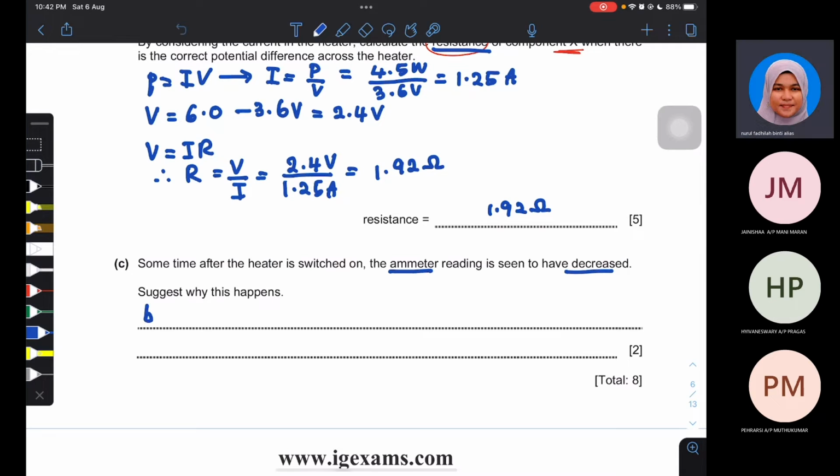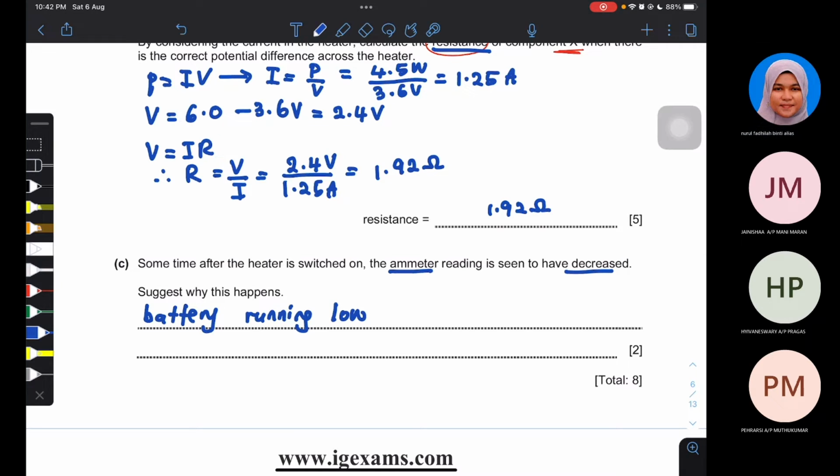Itu adalah sebenarnya apa? Kita kata bateri macam kita lah. Lama-lama you ada torchlight tak kat rumah guna bateri? Lama-lama torchlight tu dia dah tak terang kan? Kenapa? Sebab bateri running low. Kan? Ataupun you boleh kata energy. Why is that?